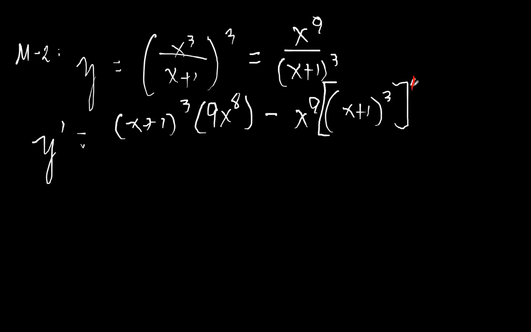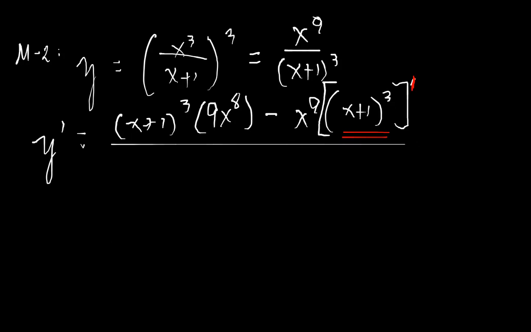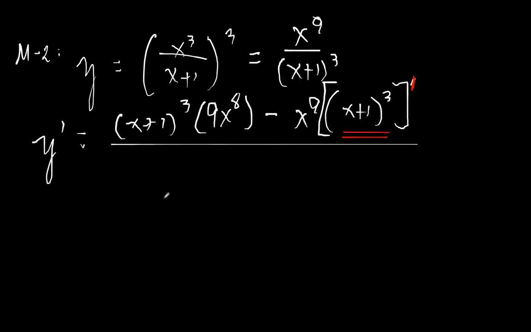This one, I haven't differentiated yet since I want to make it more organized. Okay, and this is all over x plus 1 cubed, and it should be squared based on the formula for the quotient rule, correct?